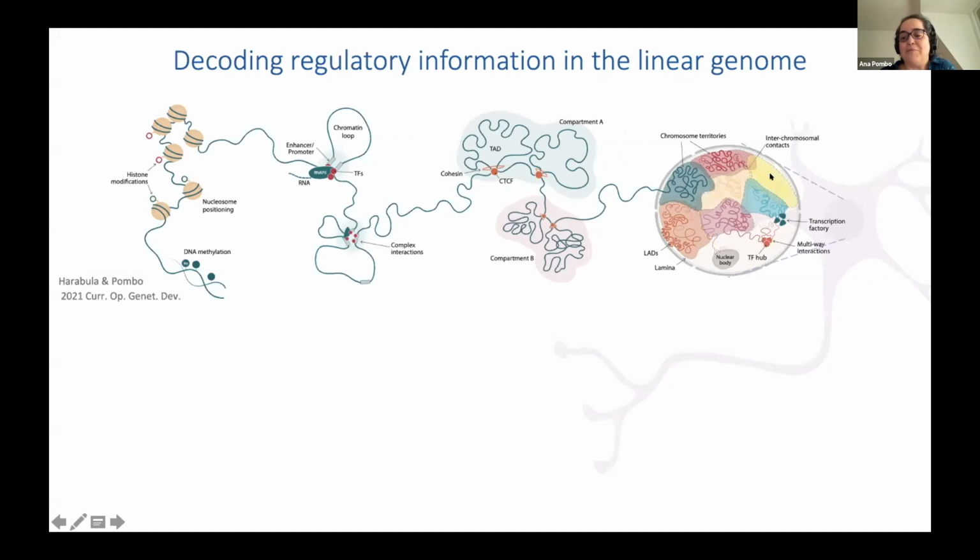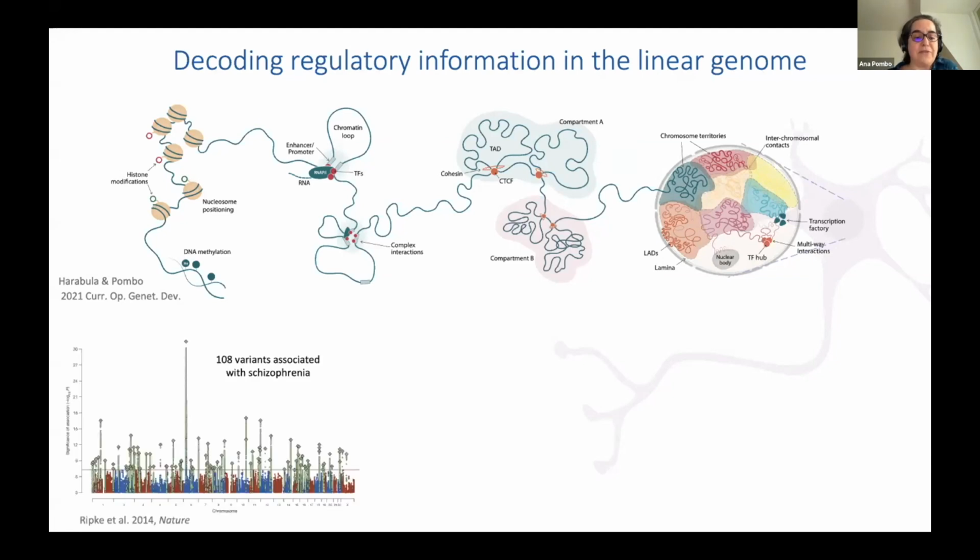And we heard beautiful work from Job's lab on the association to the lamina and how this organization dynamically changes.